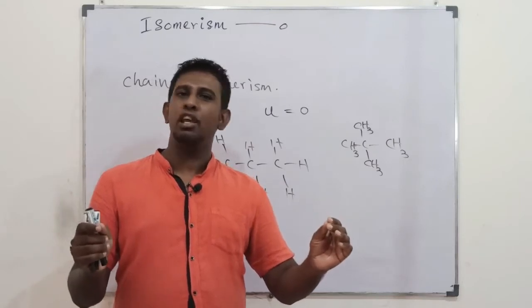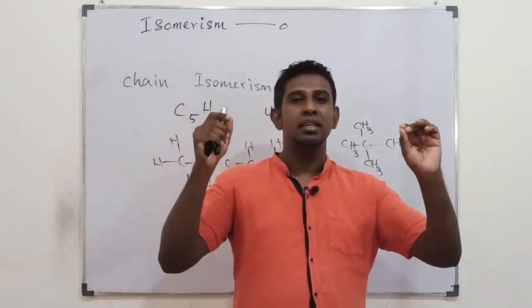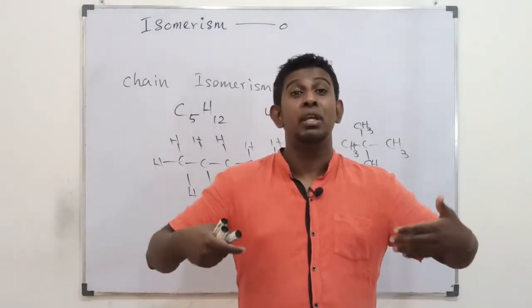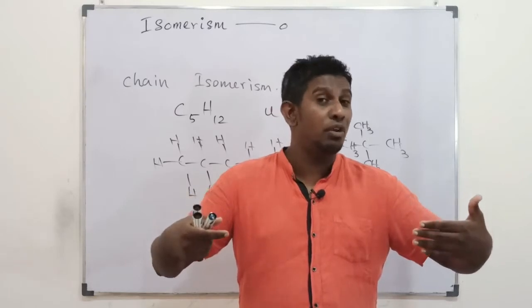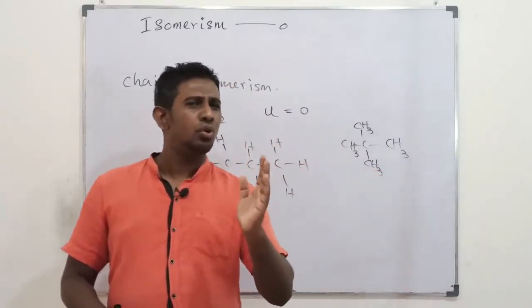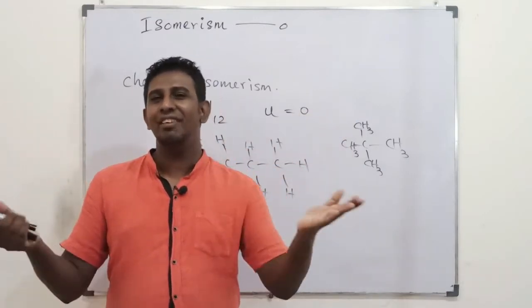In that manner, if you change the length of the main carbon chain, you could have various different structural formulas standing for the same molecular formula. Through having different structural formulas, you get different structures.